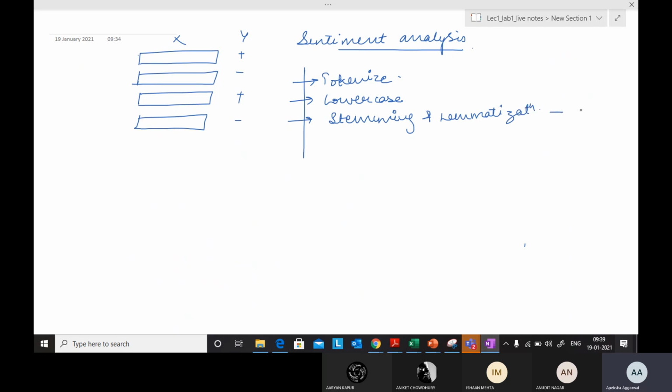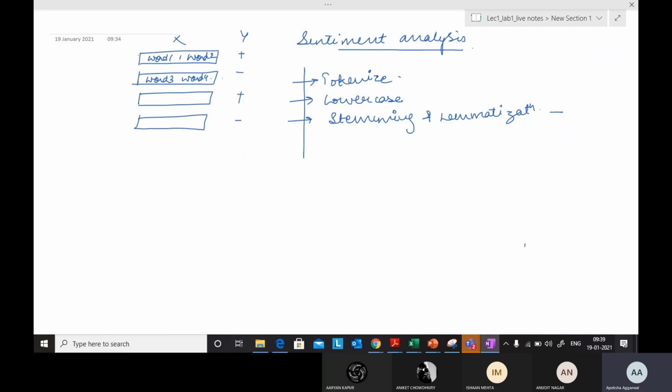This is also called normalization, stemming and lemmatization. We have discussed this in theory, so today you are going to do this in practical. Suppose this is word 1, word 2, and so on, similarly word 3, 4, and so on. These are the set of words that you were having.